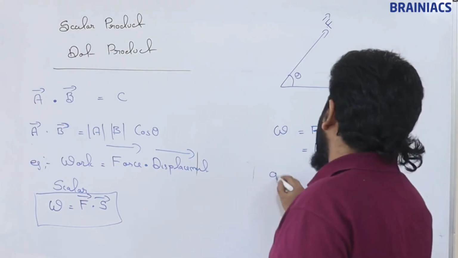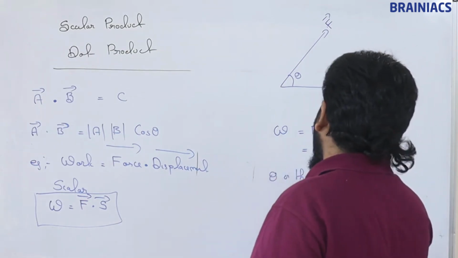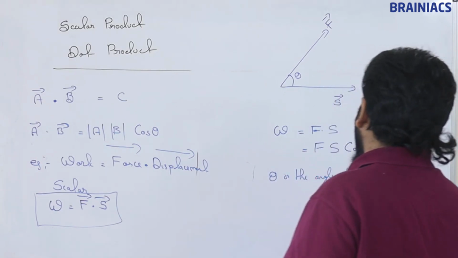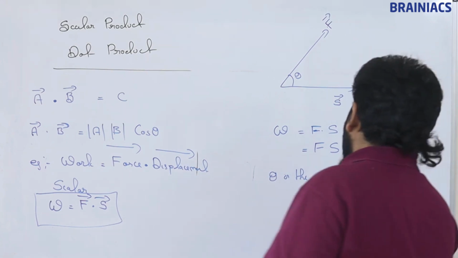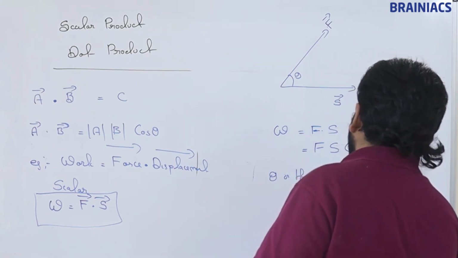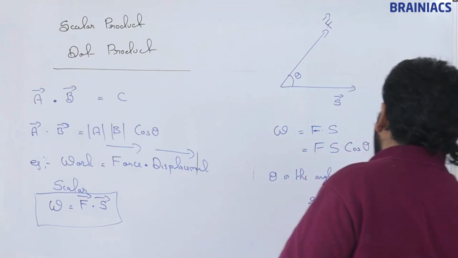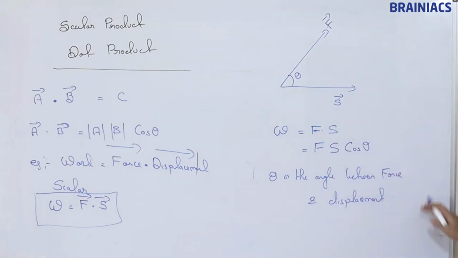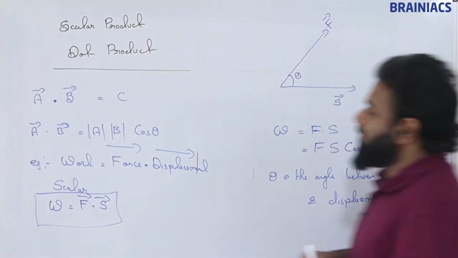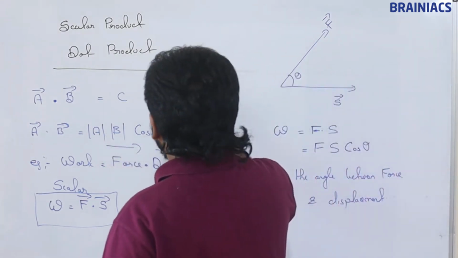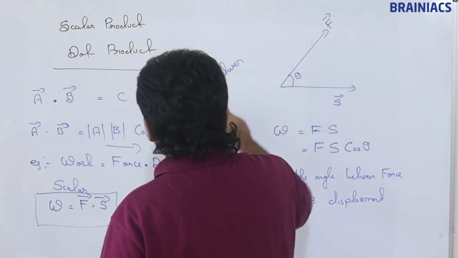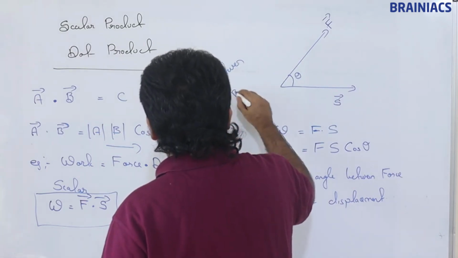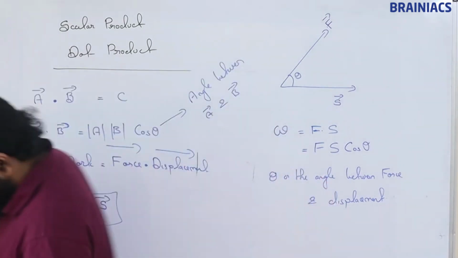So theta is the angle between force and displacement. Clear? In this case, theta is nothing but the angle between vector A and vector B.